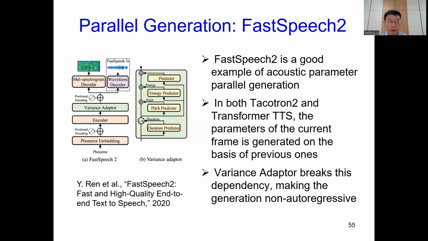By using this variance adapter, we don't have the dependency between the encoder and the decoder. I mean, there's no dependency between the current frame and the previous frames, because this model is separate. So essentially, the variance adapter in this FastSpeech architecture breaks the dependency between the different frames. And that's why it's much faster than the previous approaches.